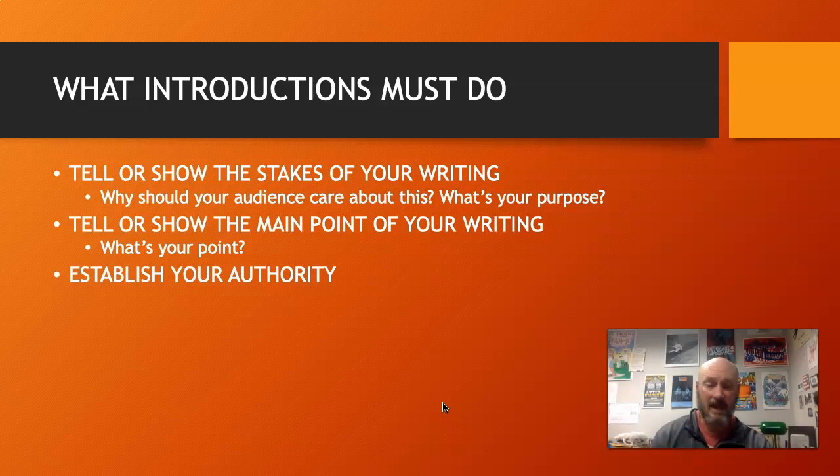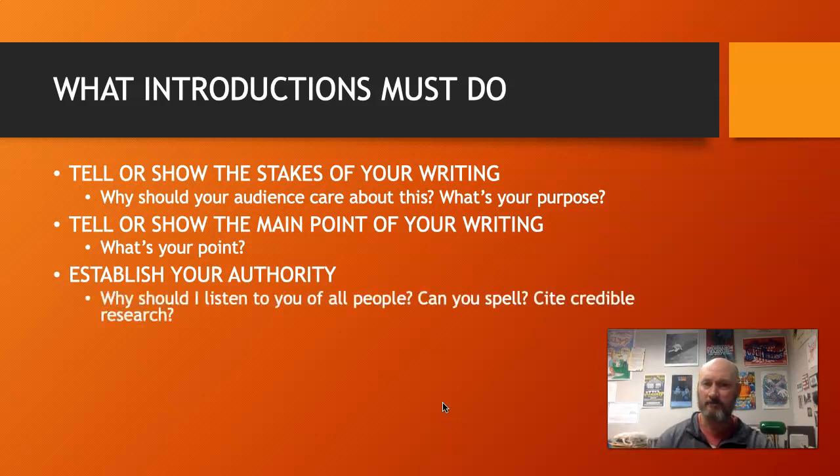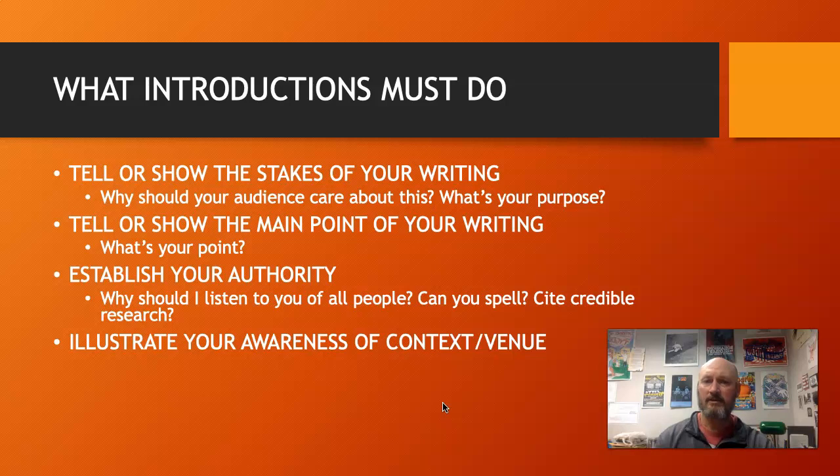You need to establish your authority. You got to show with your use of research, with your use of language, that you're somebody worth listening to. And if you're making a lot of mistakes, if you're misusing words, that's sacrificing your authority. You need to illustrate your awareness of the context and the venue. We live in a different world right now when it comes to school, when it comes to everything, right?